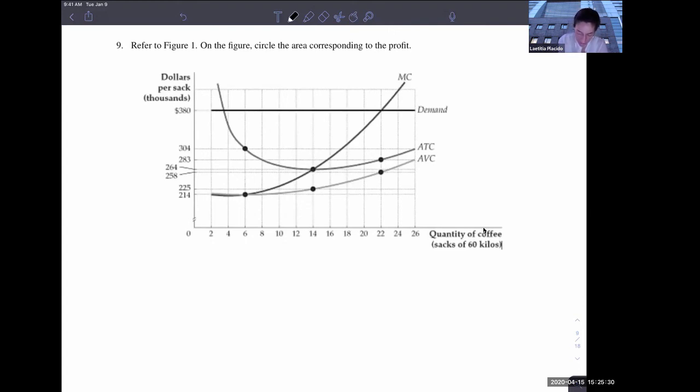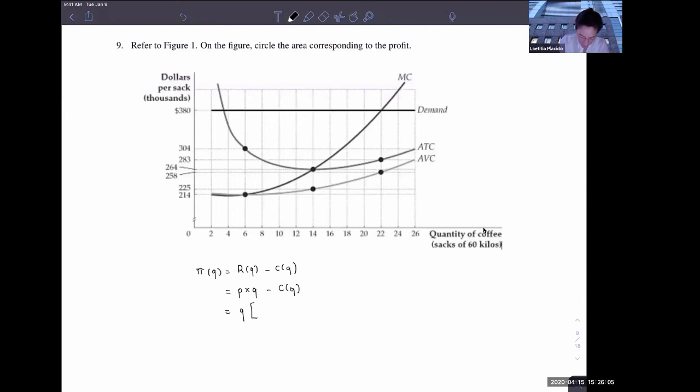So an easy way to visualize the profit on this kind of graph is to rewrite the profit function as follows. Usually you set profit as RQ minus CQ. Now let's put P times Q minus CQ, and let's say that you factor out Q, so you will have Q times something.